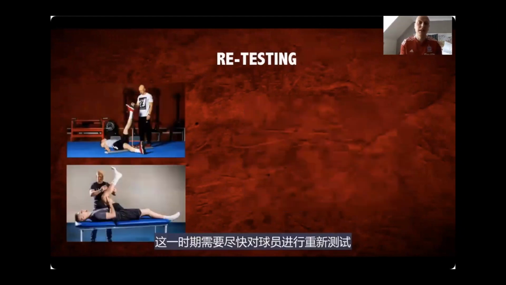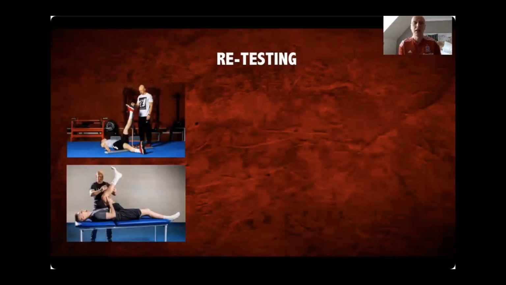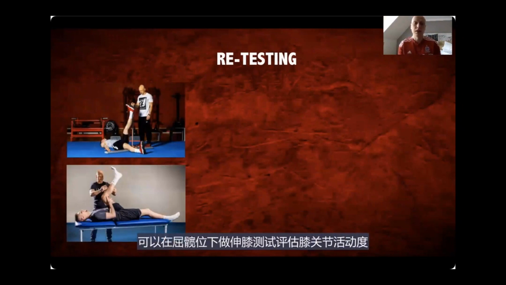Now, retesting should start right away also from our part, and we can do certain tests regarding ranges of motion, such as FMS, active straight leg raise, or we can do some knee extension while hip is flexed movements to see the range of motion in the knee.